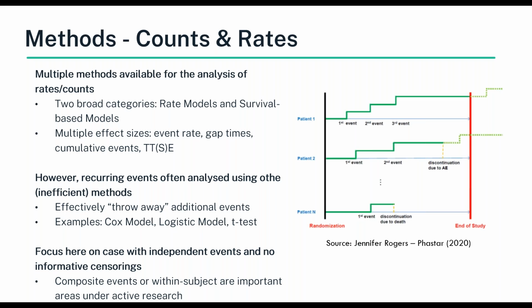So there are many different options available for the analysis of counts and rates. However, these can largely be split into two broad categories. So there are rates models and there are survival-based models. The rates models are probably the ones that you're likely to be more familiar with if you're a statistician.